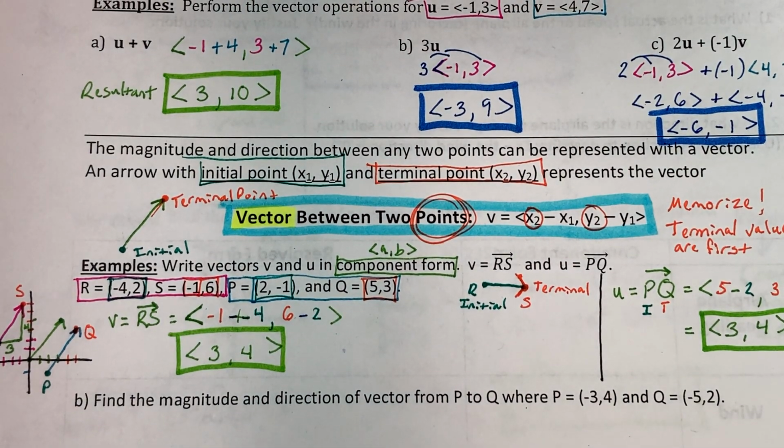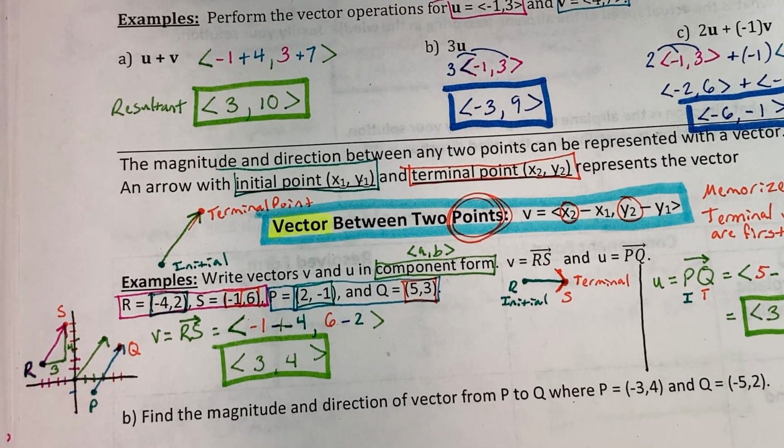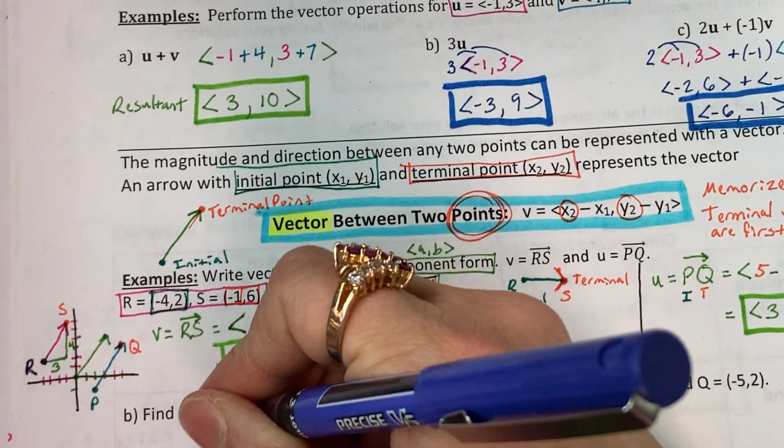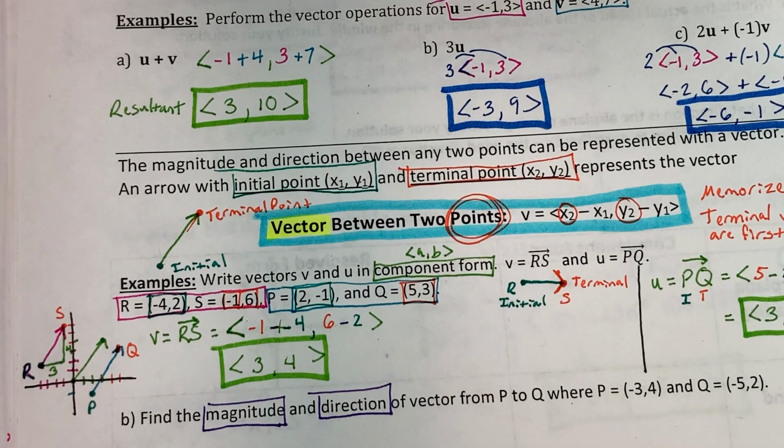So looking at B, it says find the magnitude and direction of a vector from P to Q, where P is -3, 4, and Q is -5, 2.